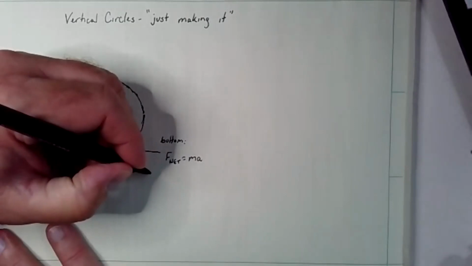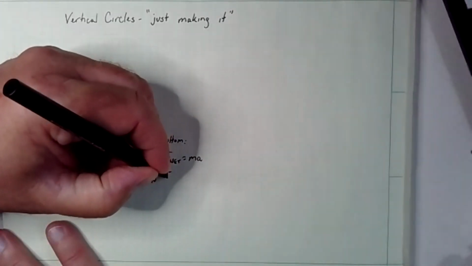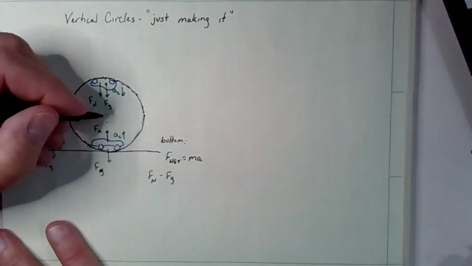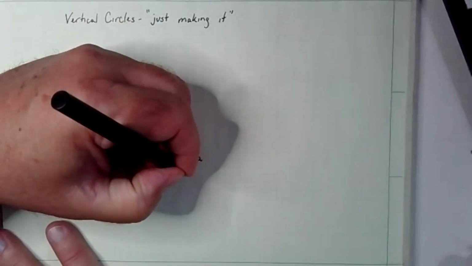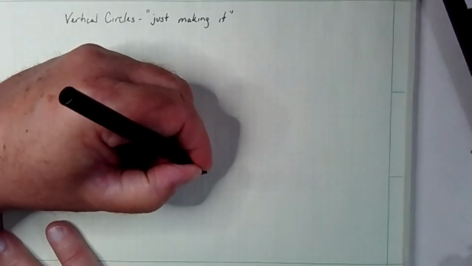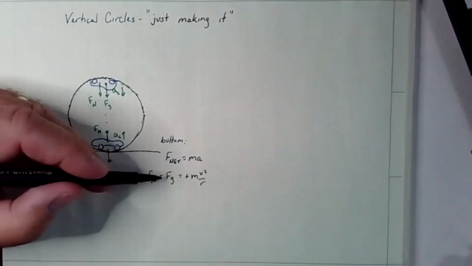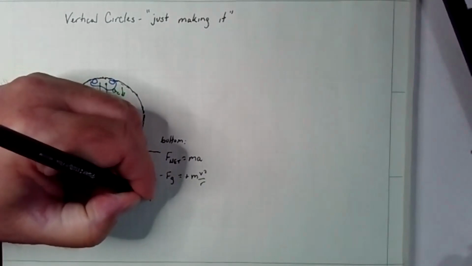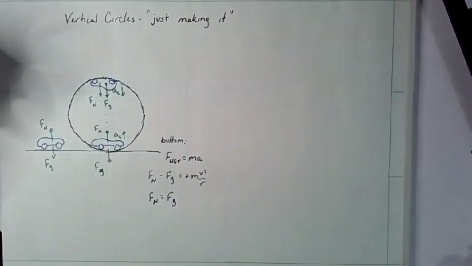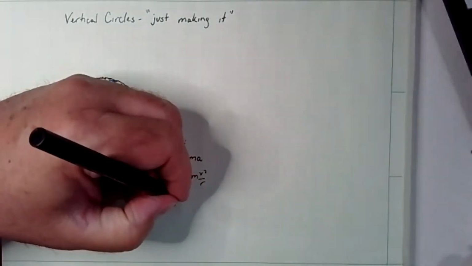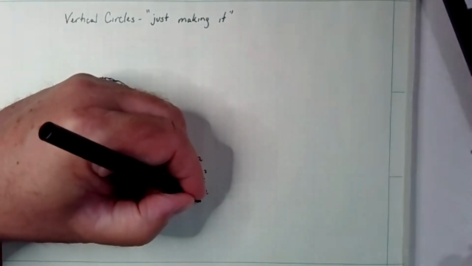So the normal force is pulling up, so that's a positive Fn, and gravity is pulling down, and centripetal acceleration is inward. So that's going to be plus mv squared over r. If we solve for the normal force, we'll add gravity to both sides. And then what the normal force has to do is provide a force equal to the object's weight, all on top of the force needed for circular motion.